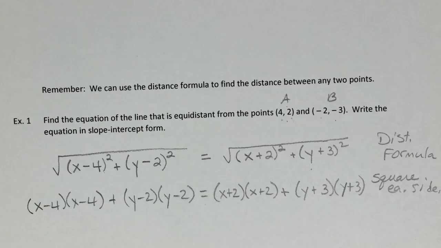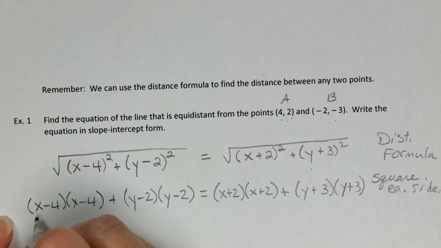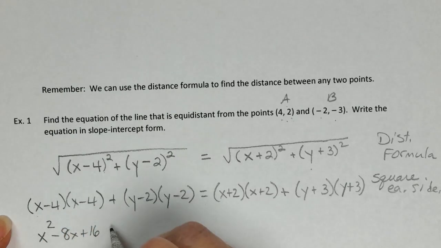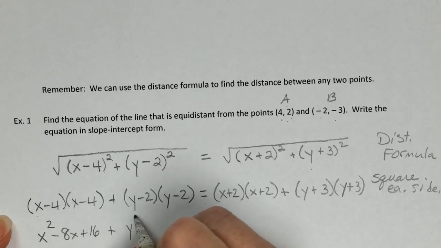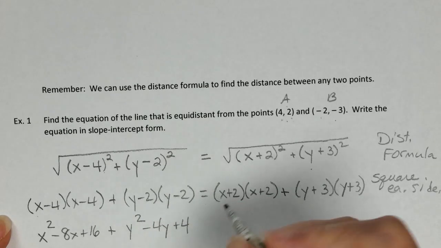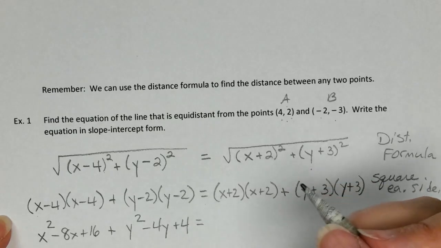Okay, so we're squaring each side to get the radical off, but I'm also writing it out expanded to get ready to multiply. So for this one, we have x squared minus 8x plus 16. And then here we have y squared minus 4y plus 4. Just foiling.